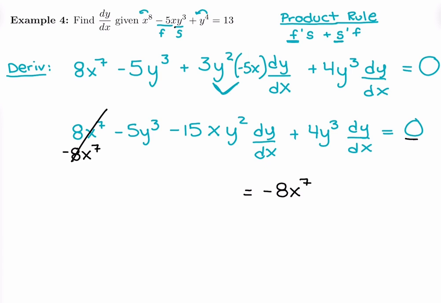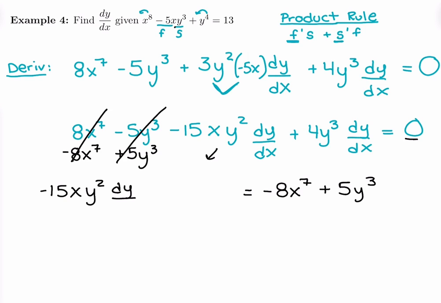So I'm going to subtract that over, and then I'm going to add 5y cubed. That also needs to be moved. It doesn't have a dy/dx. And then I have a negative 15xy squared dy/dx that has a dy/dx, so it's going to stay on that left side. And then same thing, that 4y cubed dy/dx is going to stay on the left because it has a dy/dx.